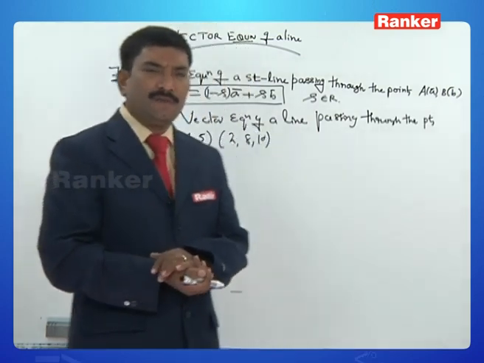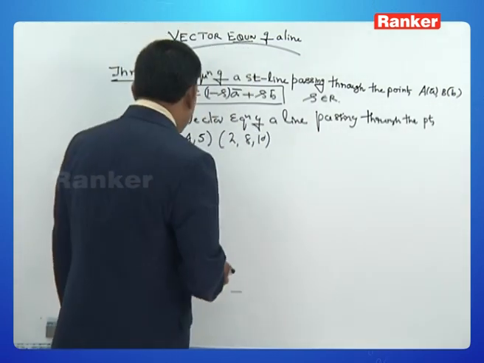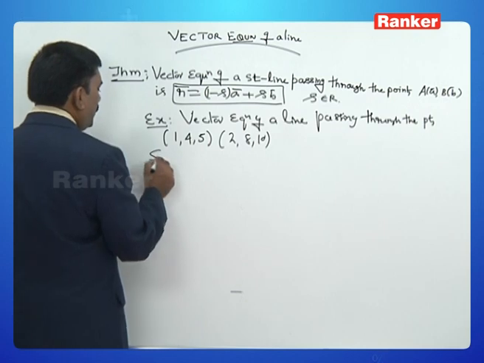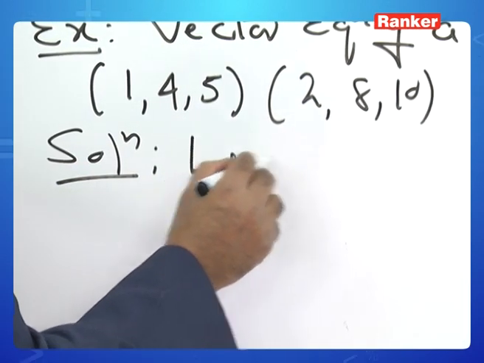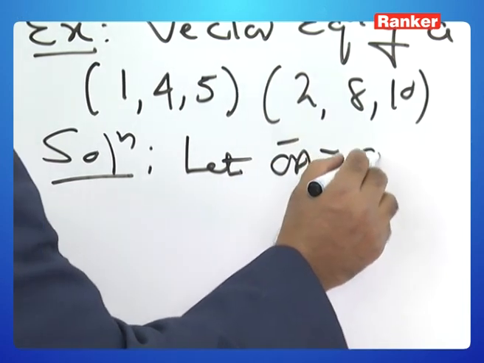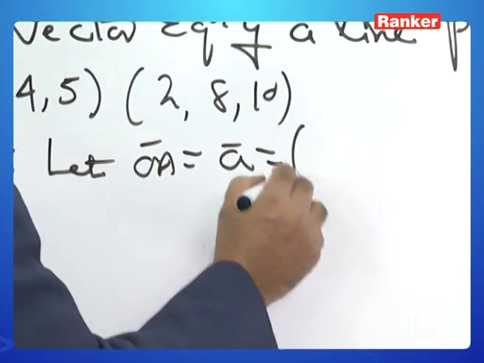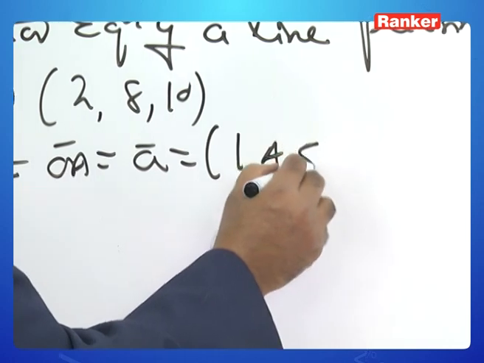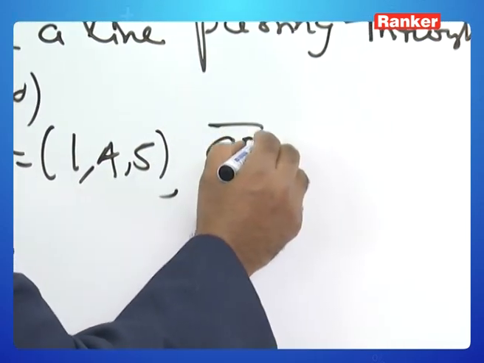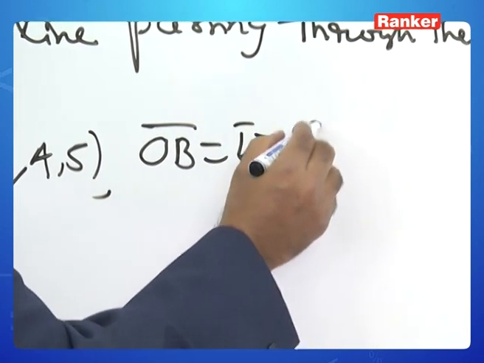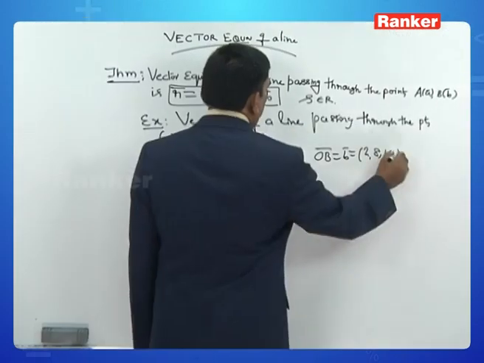So now he has given 2 points. Then how do you do it? This is a very simple problem. Let OA bar is equal to A bar is equal to (1, 4, 5) and OB bar is equal to B bar is equal to (2, 8, 10).